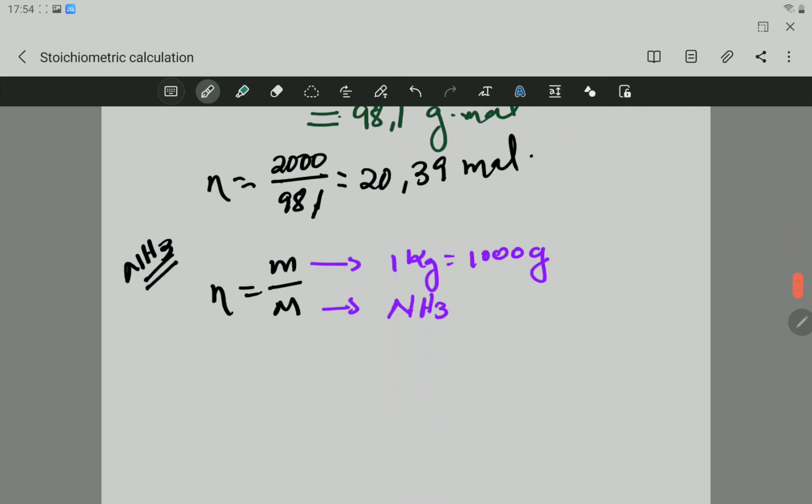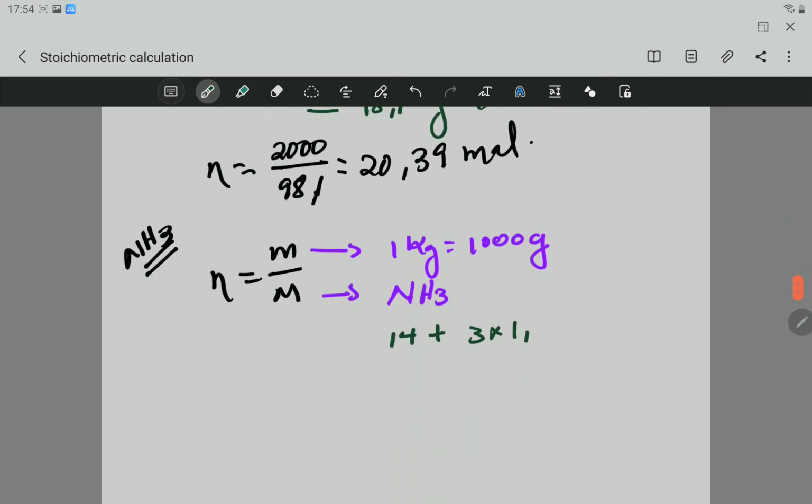So 14 plus 3 times 1 for hydrogen. Now 3 times 1 is 3 plus 14 is equal to 17 grams per mole.